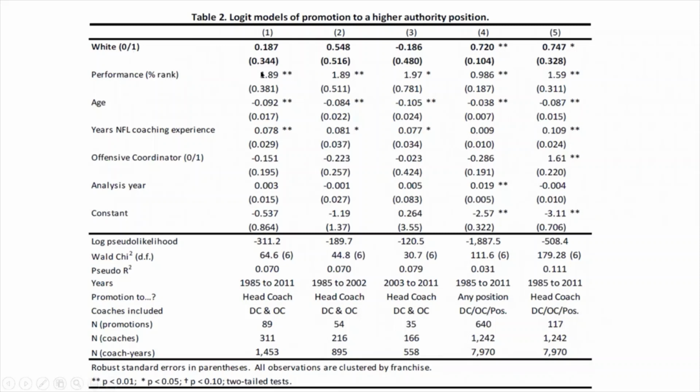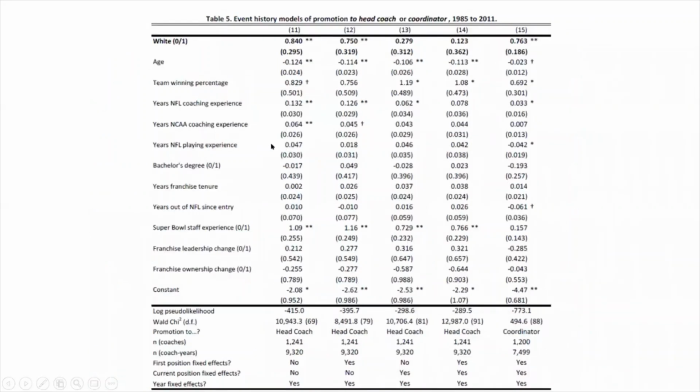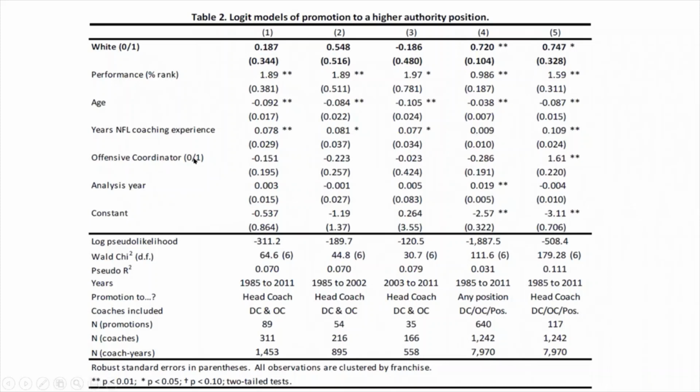They have different performance measures, and I forget exactly what they all are. If you go through the paper in more detail, they include the coach's age, experience, and whether or not they were a coordinator, because we know that coordinators are more likely to be hired. So we're controlling for this now. Essentially, if we include all these additional controls, we can control for that allocative discrimination, and this should reflect just within-job discrimination.